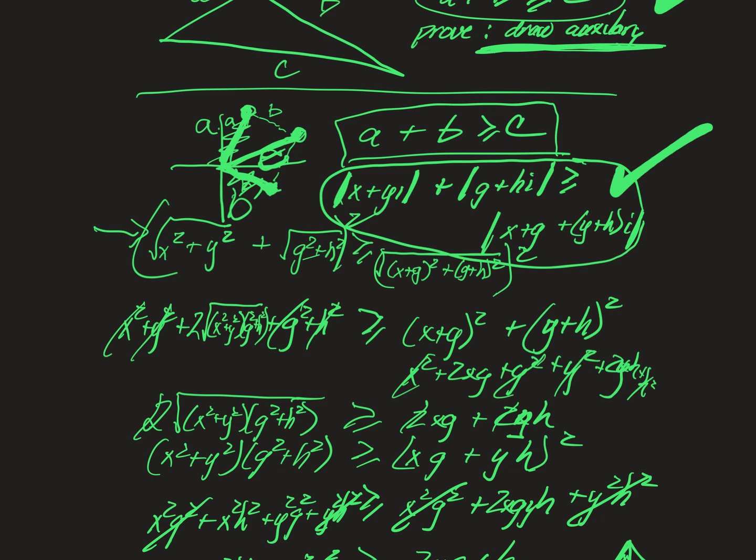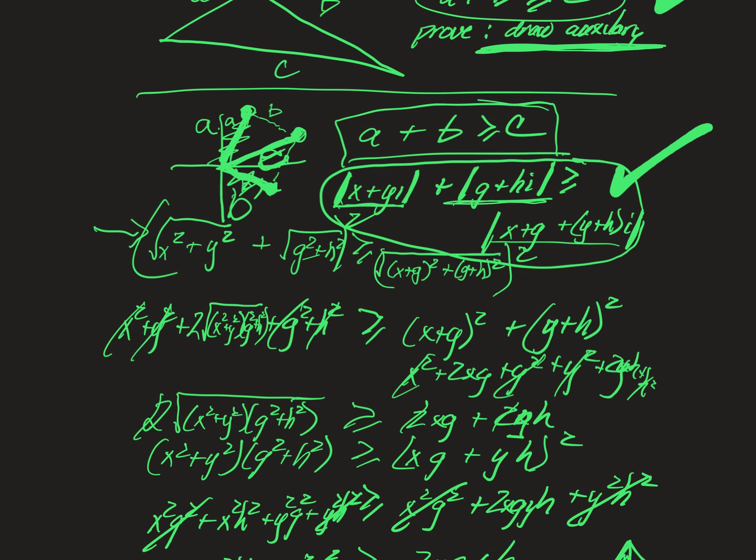However, complex number A could be some x plus yi. Complex number B could be some g plus hi. And complex number C is the sum of those. So in other words, x plus g plus (y plus h)i.